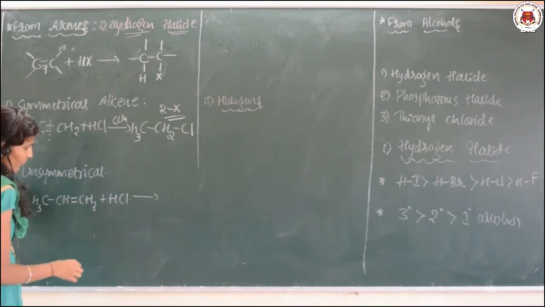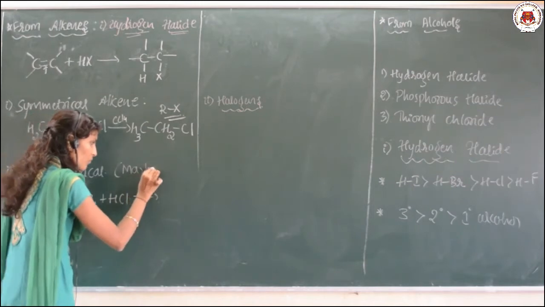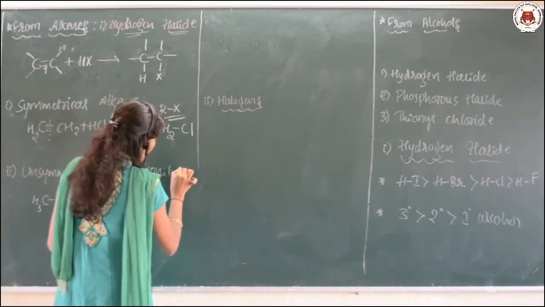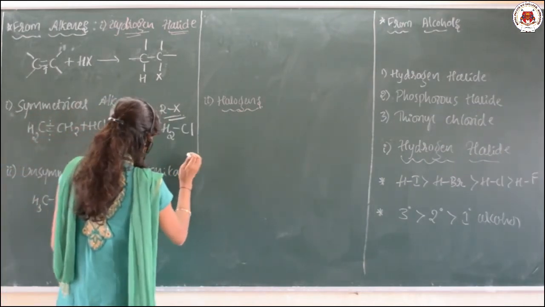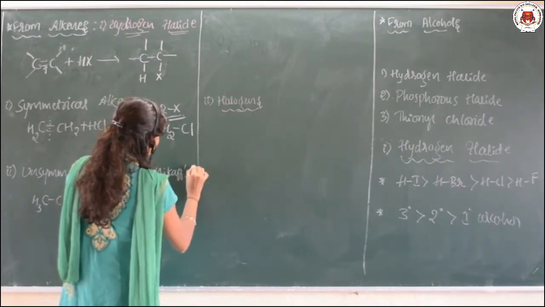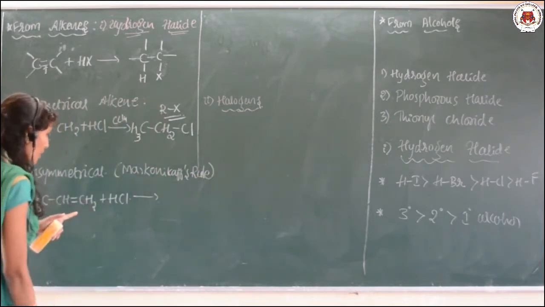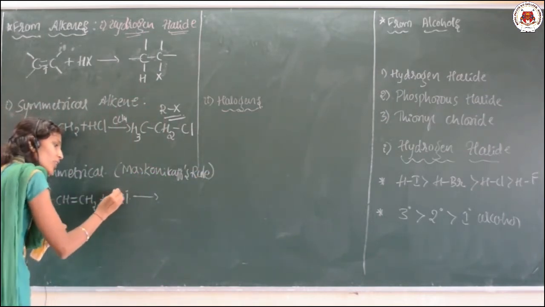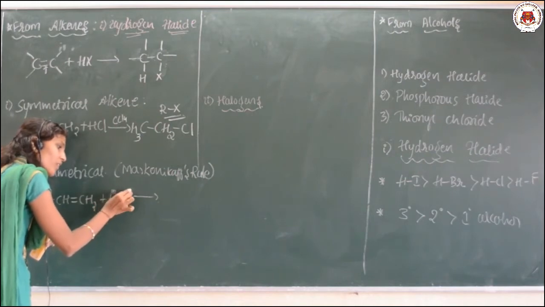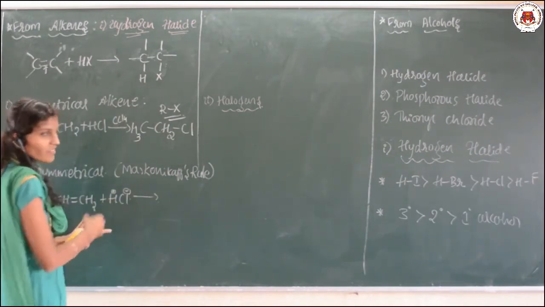First, here we are applying Markovnikov's rule. So, according to Markovnikov's rule, what happens? The negative part of the adding molecule, suppose this is the adding molecule, the negative part is Cl minus.